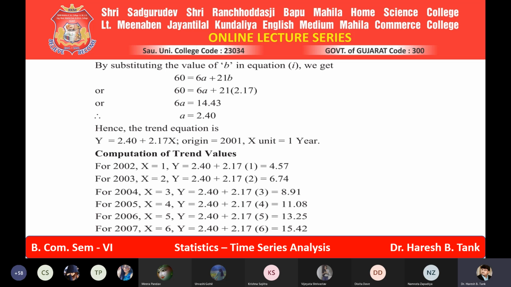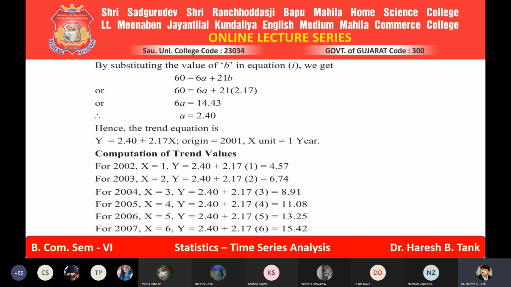Are you getting 8.91? Yes, sir. Okay. Try to get the value for 2005 now. 11.08. 11.08 is the value which you are getting for 2005.